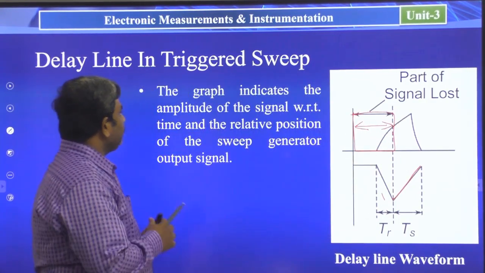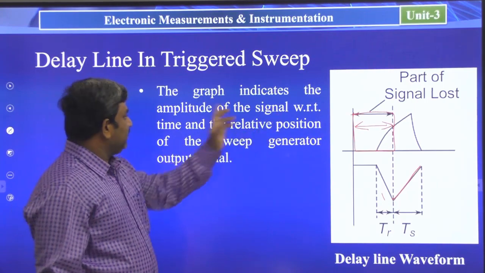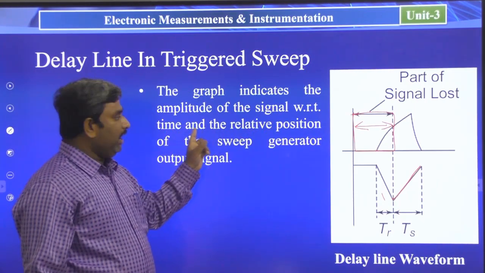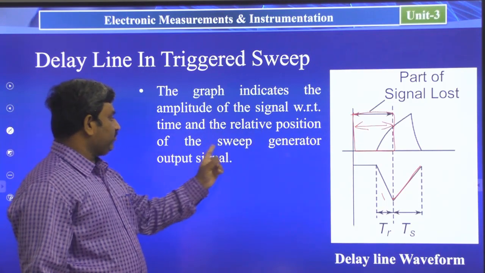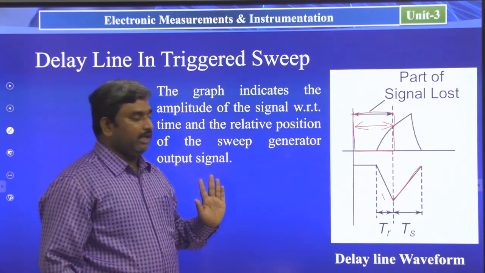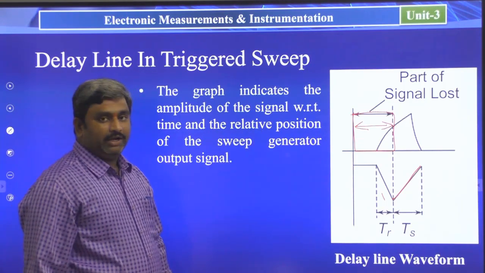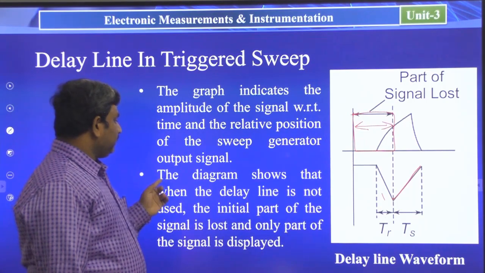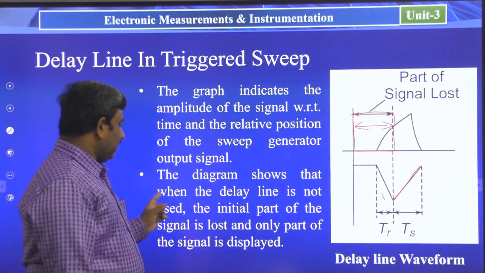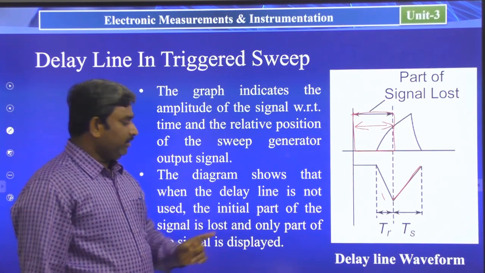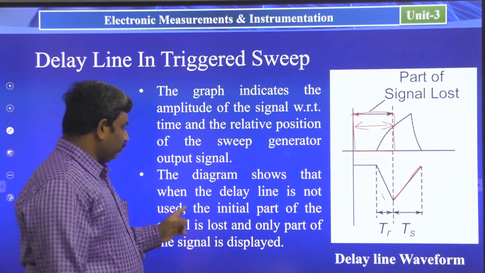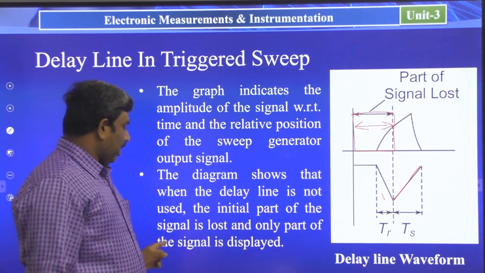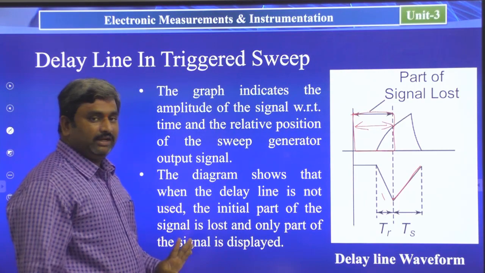See here, the graph indicates the amplitude of the signal with respect to the time and the relative position of the sweep generator output signal. The diagram shows that when the delay line is not used, the initial part of the signal is lost and only one part of the signal is displayed.